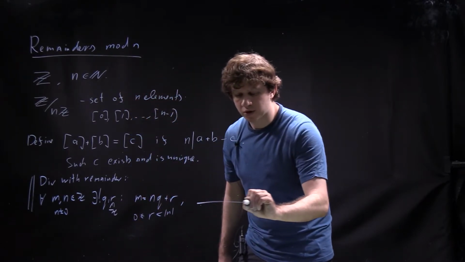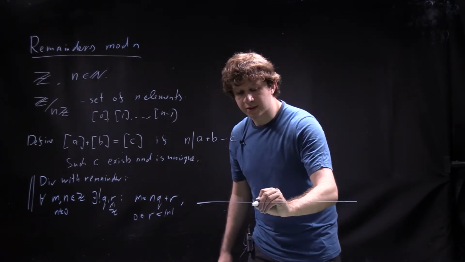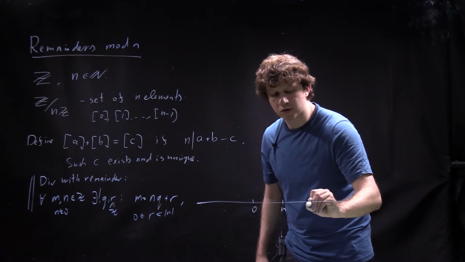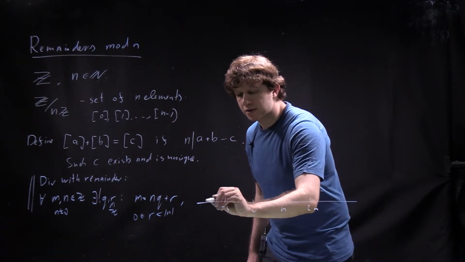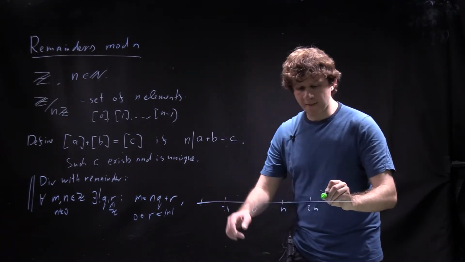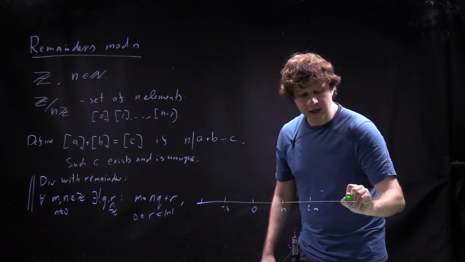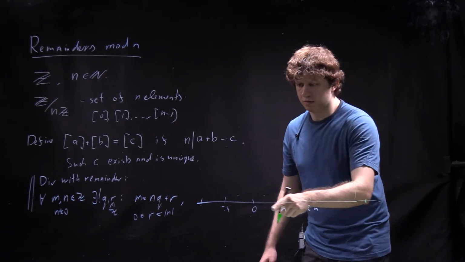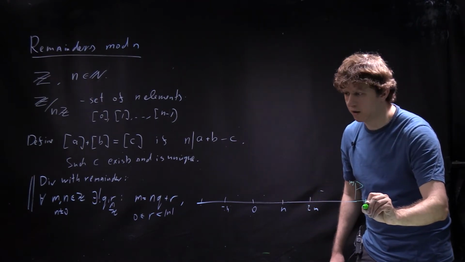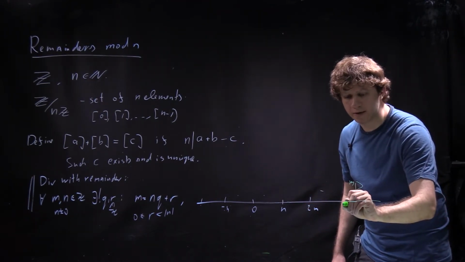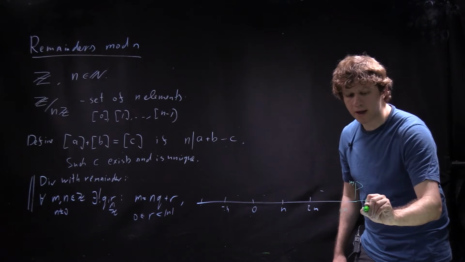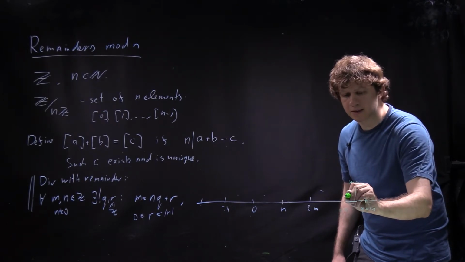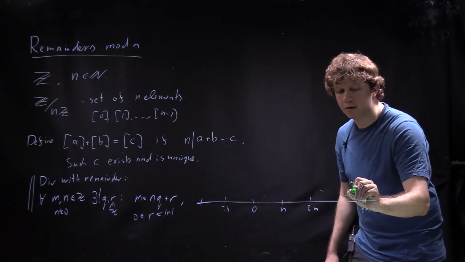And the picture is that you can just draw all integers, and this is 0, and this is n, this is 2n, this is minus n, and so on, and just find m here, and eventually this m lies between a certain multiple of n, which I denoted qn, and (q plus 1)n, and this distance is exactly what I denoted by r.